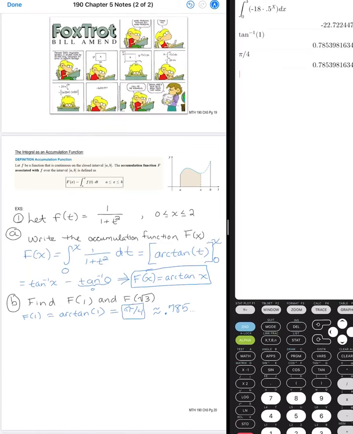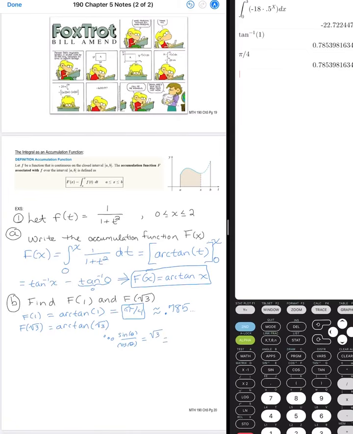All right, and then let's also evaluate f of the square root of 3 in this accumulation function. So I'm thinking about where is tangent equal to the square root of 3, meaning where is sine over cosine of some angle going to give me the square root of 3?